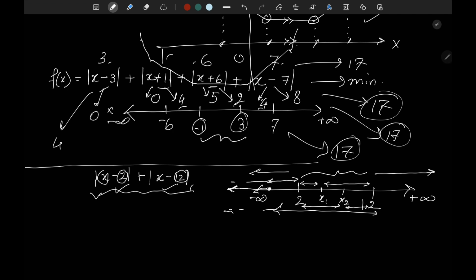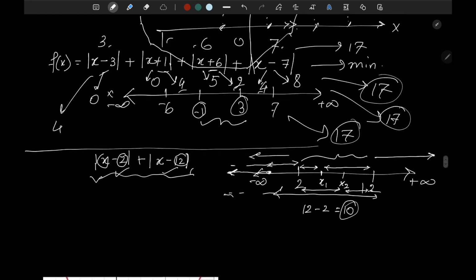So your distance, sum of the distance between this interval for any 2 points is always your 12 minus 2, 10. That's a constant value. So that's why you always have a straight line which is parallel to the x-axis. So now I hope you have understood the method of solving this one.